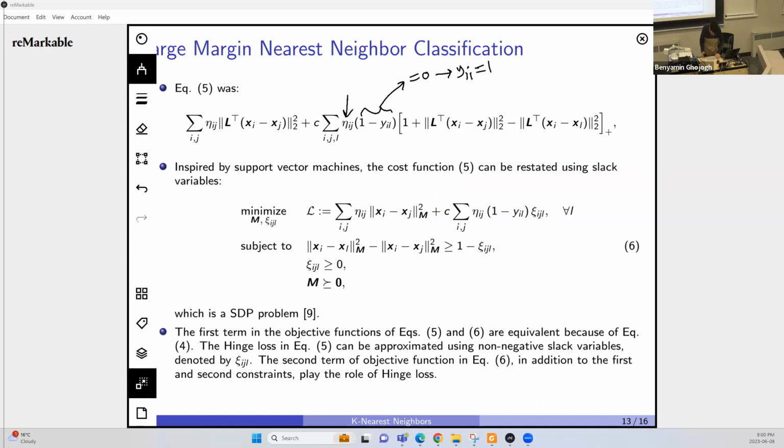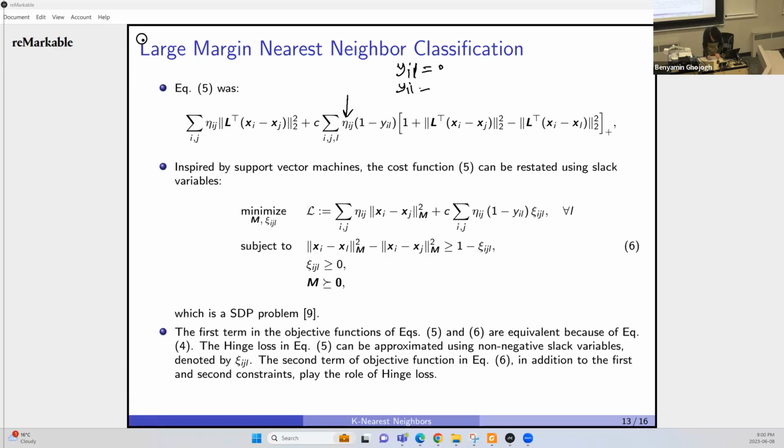Let me talk about it another way. Two cases might happen: yil is 0 or yil is 1. When is yil 1? When xi and xl have the same label. When is it 0? When xi and xl have different labels, right? For the first case, 1 minus yil becomes 0. For the second, 1 minus yil becomes 1. It means that this term becomes 0 when yil is 1, so I ignore the second term if xi and xl have the same label.